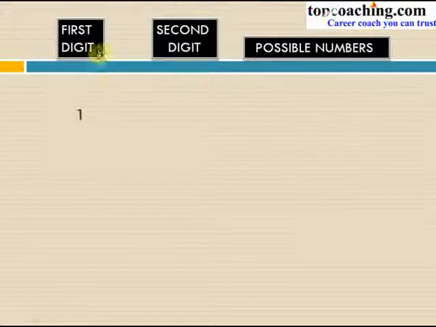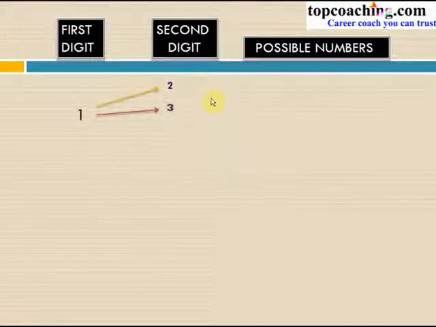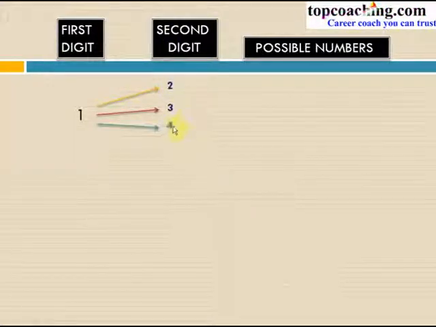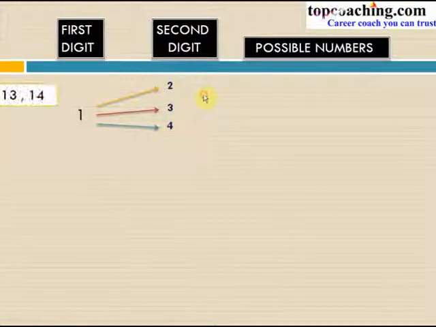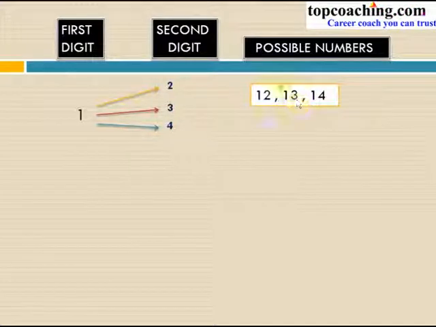Now if I take the first digit as equal to 1, now there are 3 possibilities of having a second digit if we have 1 as a first digit. These are, the second digit could be 2, the second digit could be 3, or the second digit could be 4. So possible numbers would be 12, 13 and 14. Now all these are 2-digit numbers and in which none of the digit is repeated, and also they are from the digits 1, 2, 3, 4.